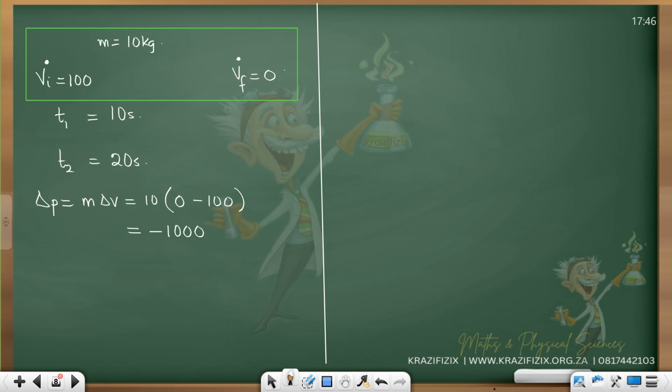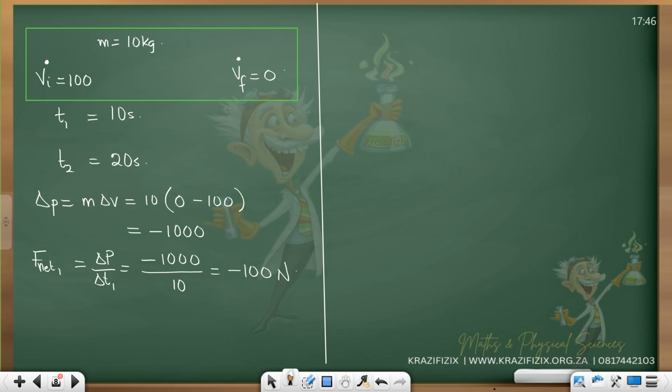But then the time for the two scenarios now changes. F net for 1. We said change in momentum over change in time 1. What is my change in momentum? But what is the time for the first one? 10. What's your answer? Negative 100.